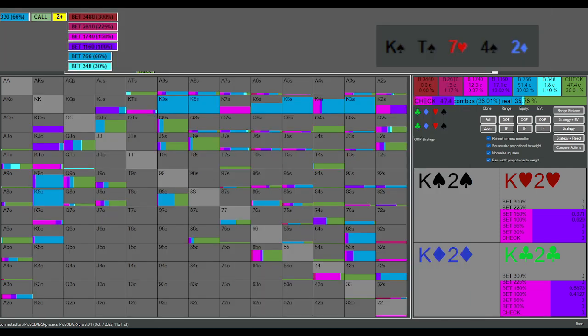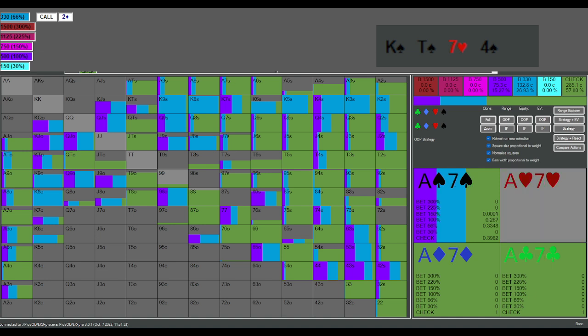So this should tell you how drastic these exploits are, or how many more big blinds you should feel comfortable getting into the pot, even though it's a really dynamic flush board.